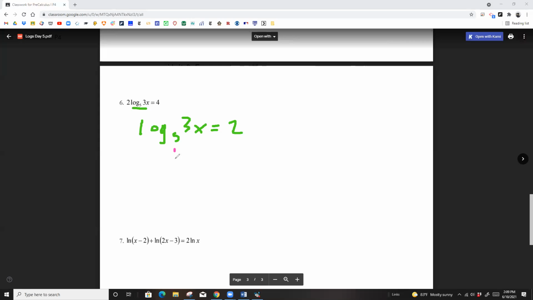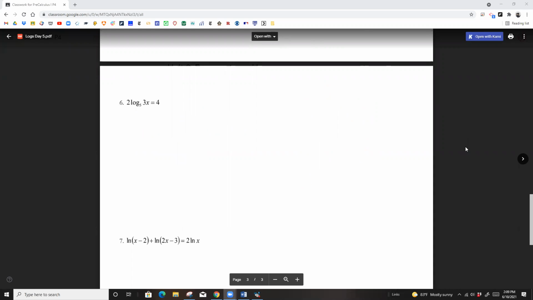So this is your base, that's your answer, and this is your exponent. So we get 5 squared equals 3x, divide both sides by 3, and you get 25 over 3. All right, and that's it. Plug that in, you would get 4.